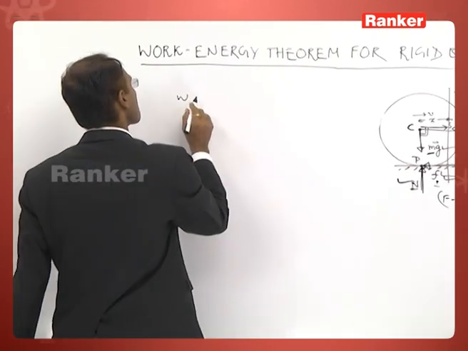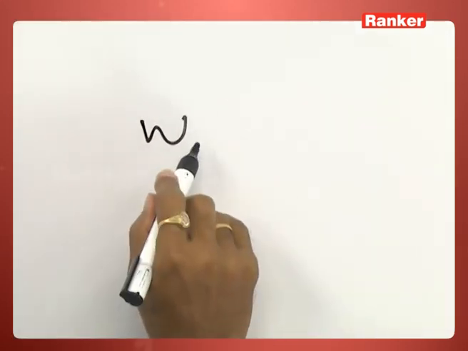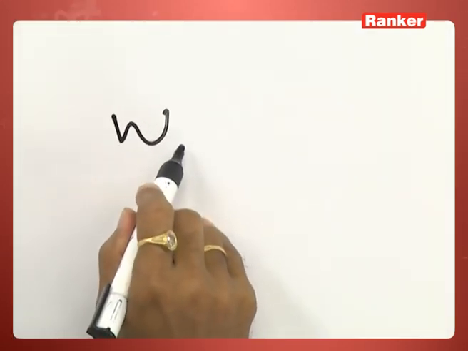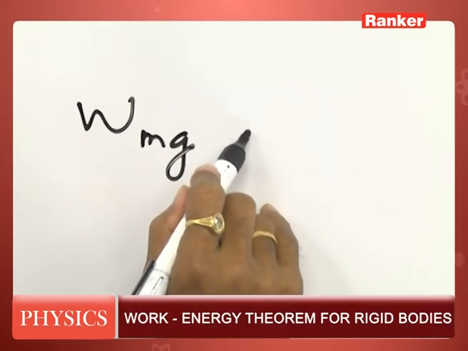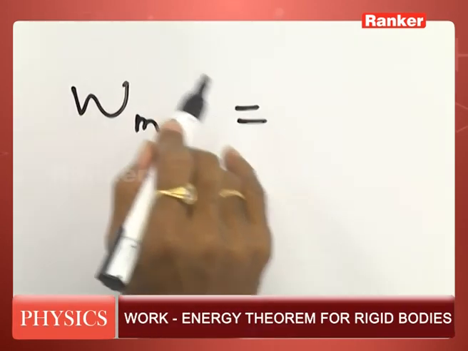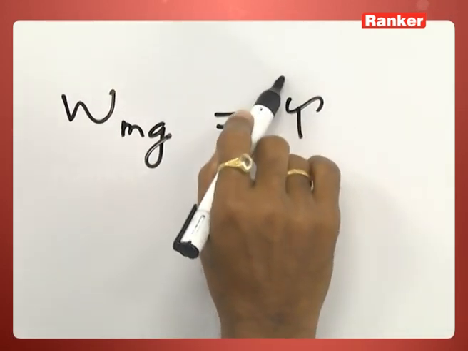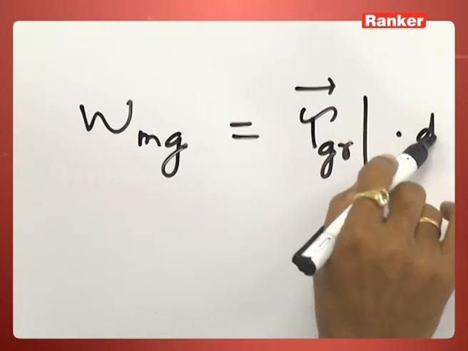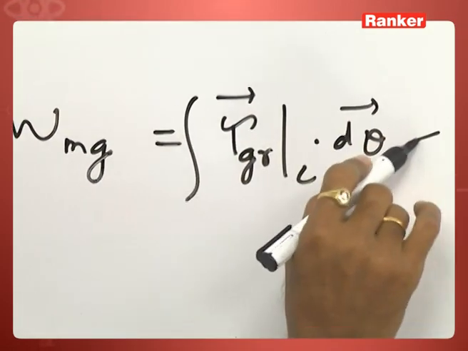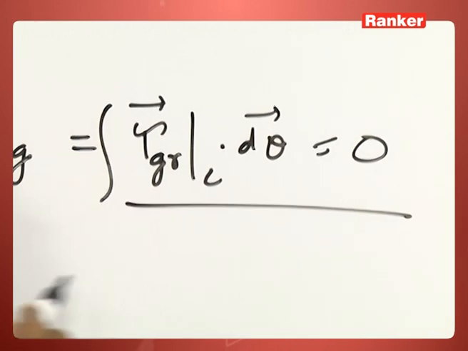Therefore, work done by gravity is equal to the integral of tau gravity with respect to center of mass dot d theta, which will be 0.